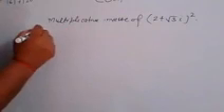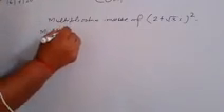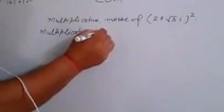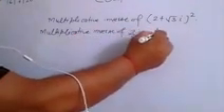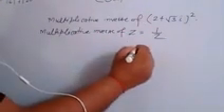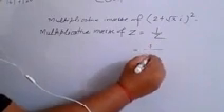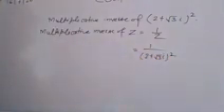So write in this way, the multiplicative inverse of z is equal to 1 upon z. So you write here 1 upon (2 plus root 3i) whole square.